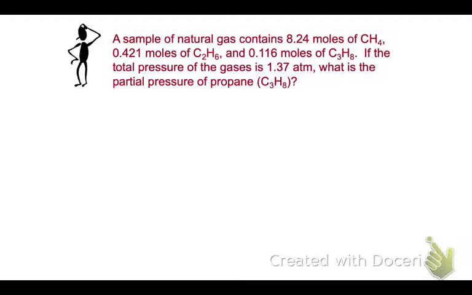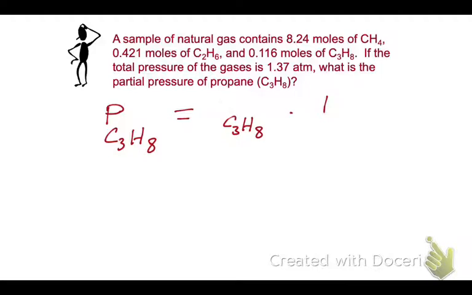So I'm going to show you the setup and you can actually finish the math because this is a really simple question. The partial pressure of propane, which is what they are asking, equals the mole fraction of propane times, oh sorry, that is a mistake here.